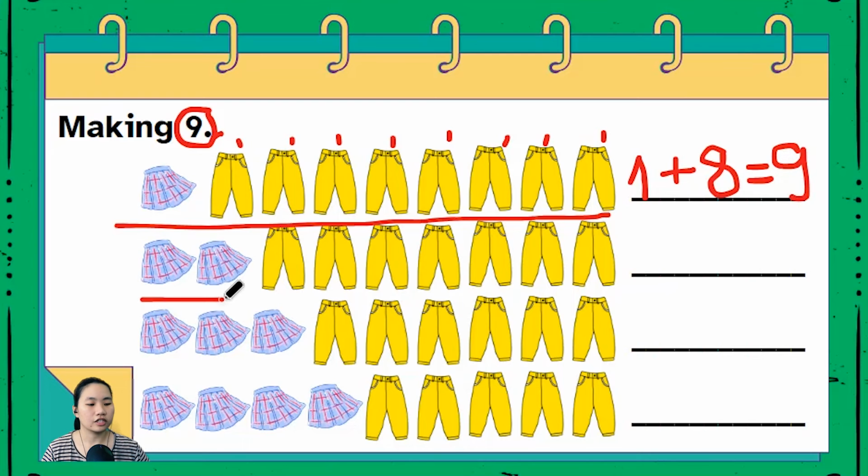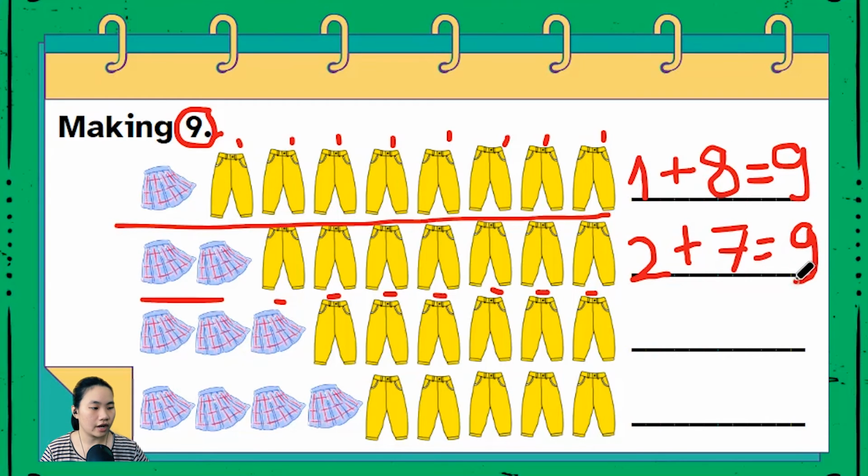Next up, how many skirts? I think you can tell. We have 2 skirts. 2 plus how many pants? 1, 2, 3, 4, 5, 6, 7. We have 7 pants. 2 plus 7 equals 9. If you said 9, you are correct.